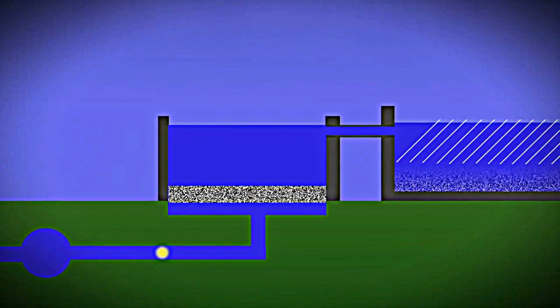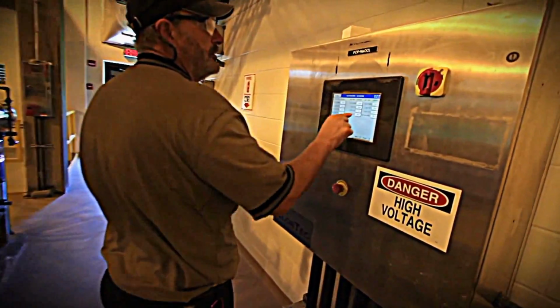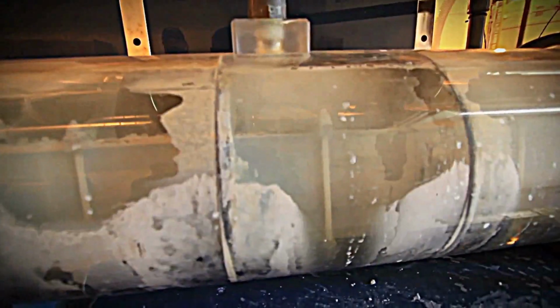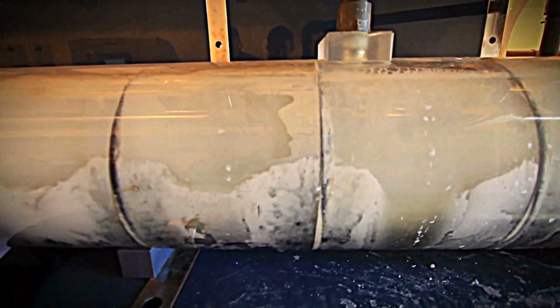The final step in Purrysburg is disinfection. Beaufort Jasper Water Authority produces its own chlorine solution on site for disinfection. It is introduced to the water after filtration and before it is pumped out into the distribution system.